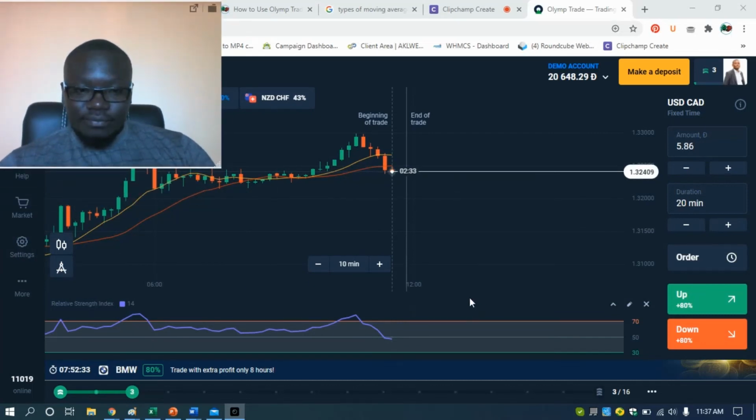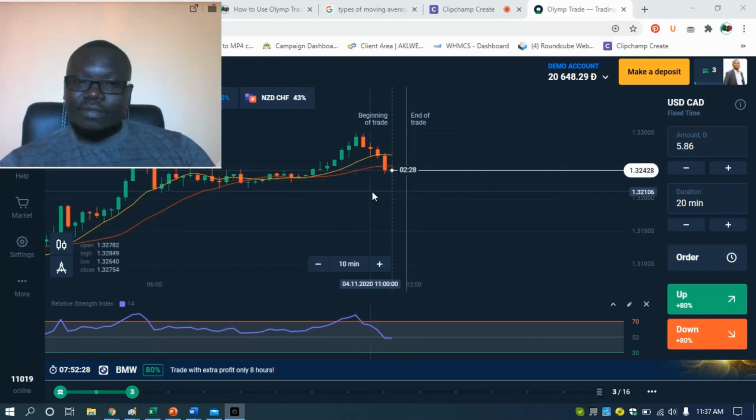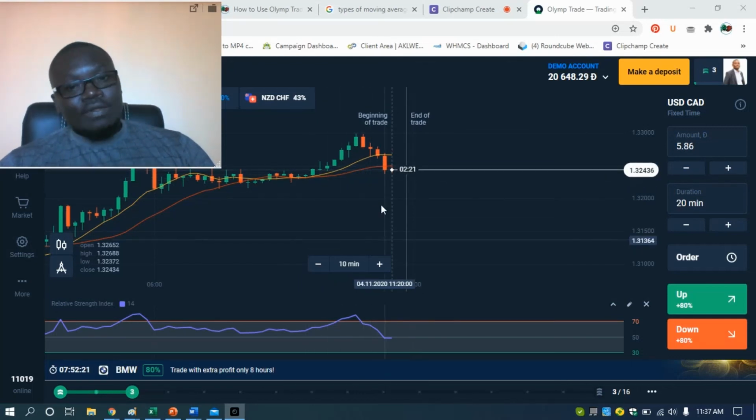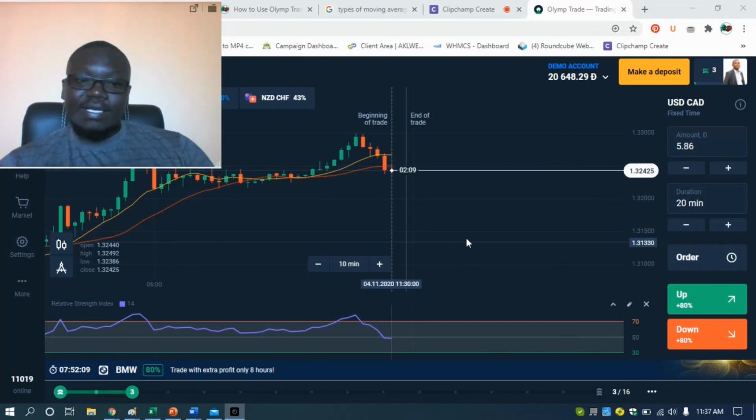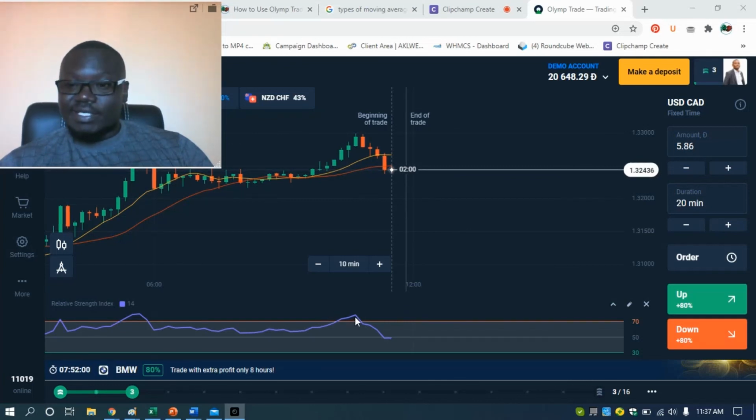So again, if you are using the RSI together with the SMAs, then one of the things that you'll be looking for is prices to cross below the two SMAs, a death cross to happen, the direction of the two SMAs to be facing downwards, and as a final confirmation, look for a signal on your relative strength index, which is the RSI.